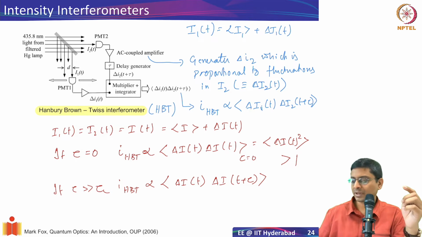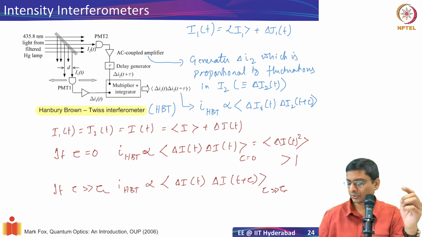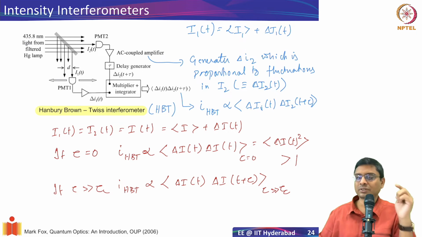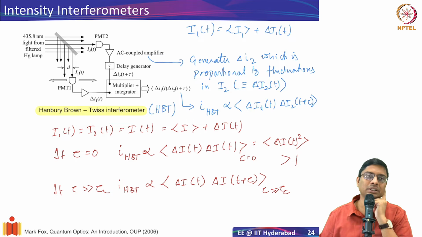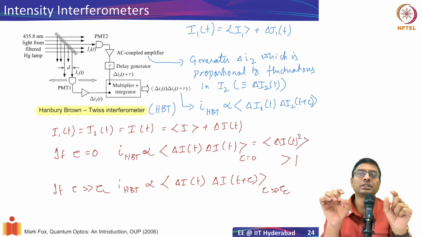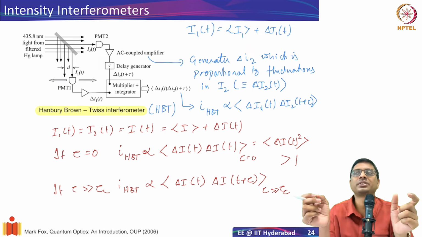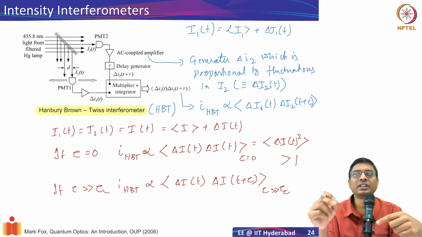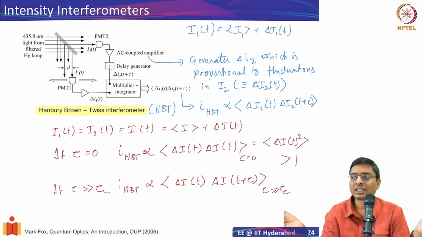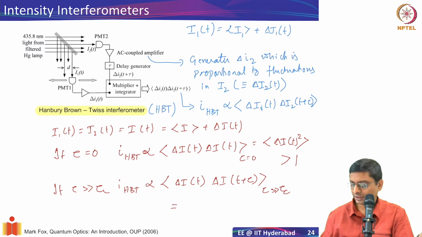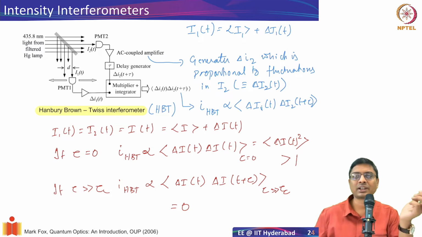So what will be the time average now for tau much greater than tau c? The question is, what happens when you have the delay much larger than the coherence time? There is no correlation between the fluctuations. At input 1 and input 2, the fluctuations will be completely different. There is no fixed relation. That is why if you take a product of it and take a time average, you are going to end up with 0. Alright. So in this case, the output is going to be 0 for times greater than coherence time.